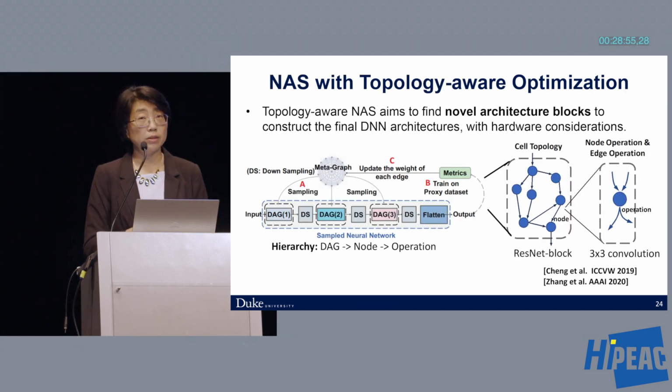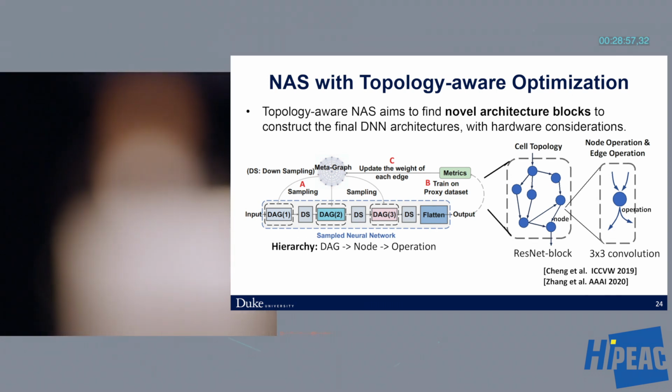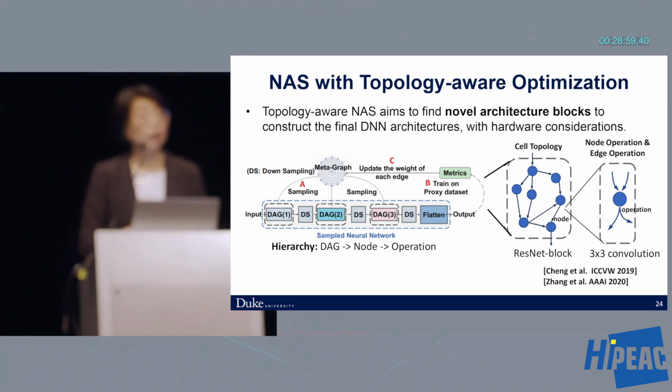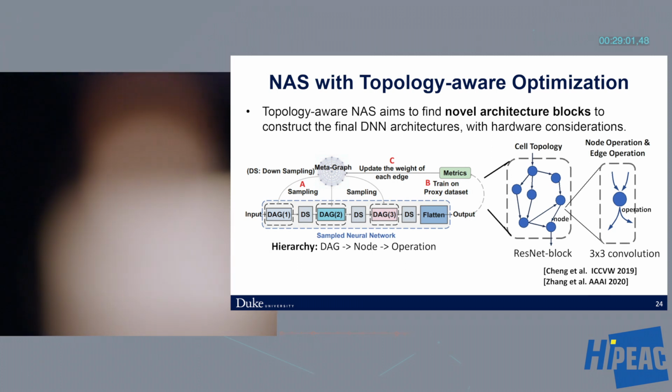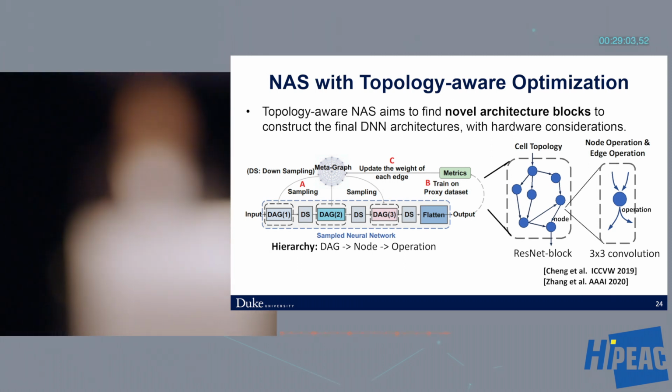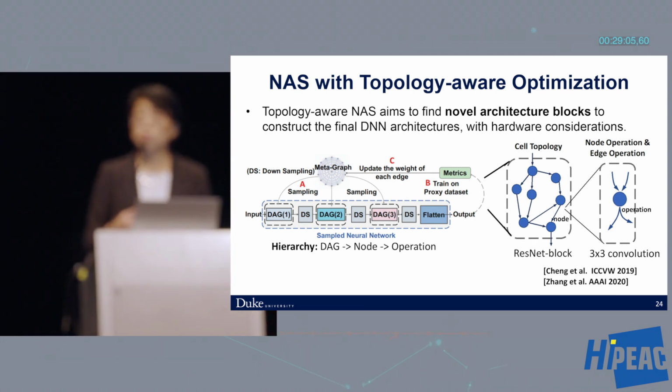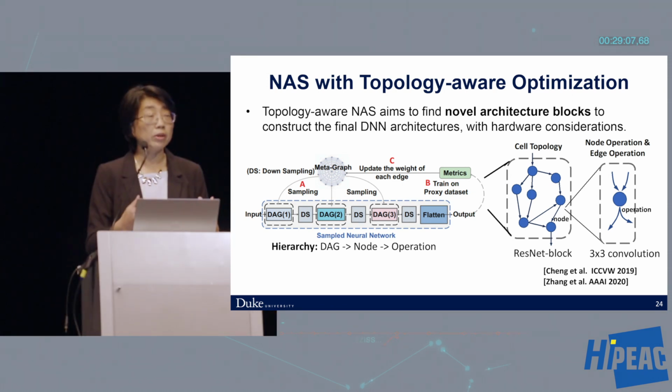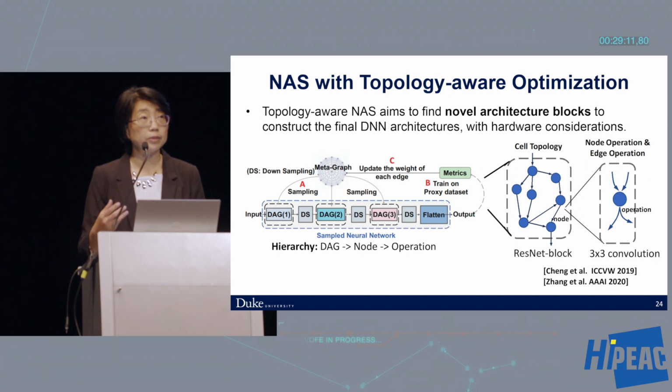So we work with some companies like Meta, Facebook, and Qualcomm on these neural architecture search studies, and of course, for industry companies the primary focus is still performance improvement.